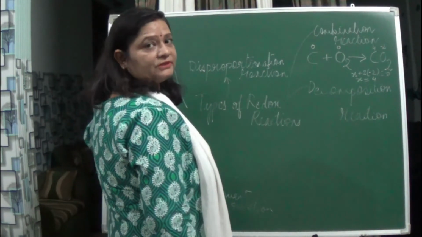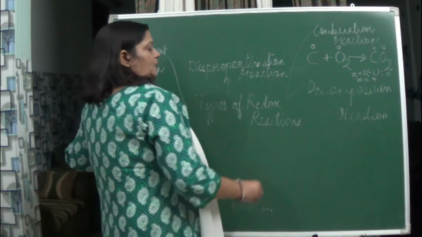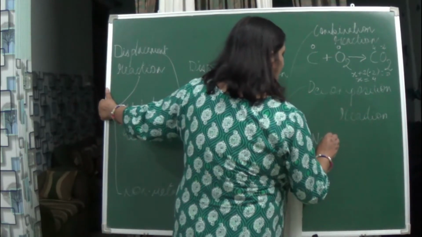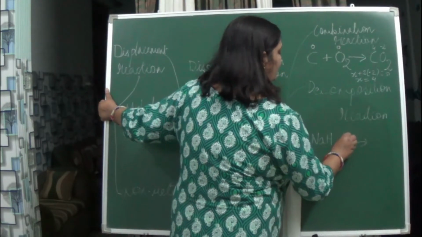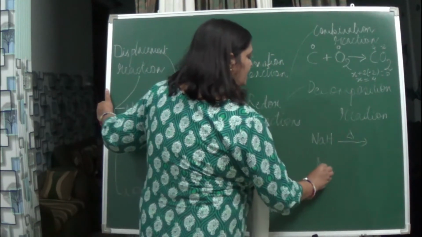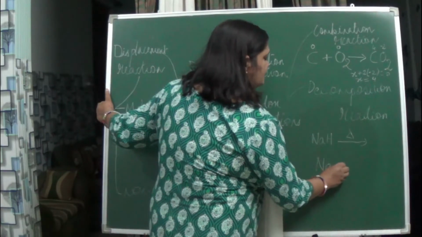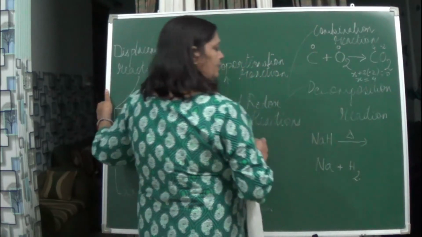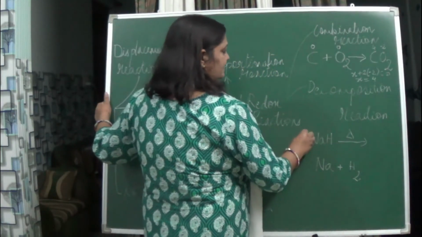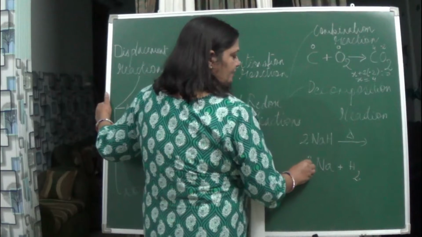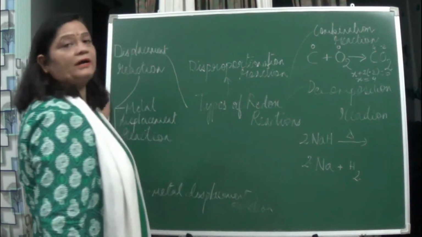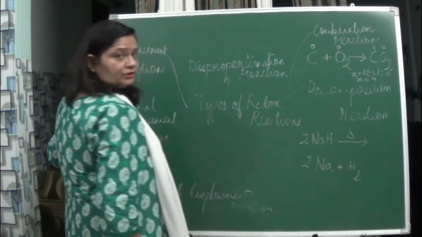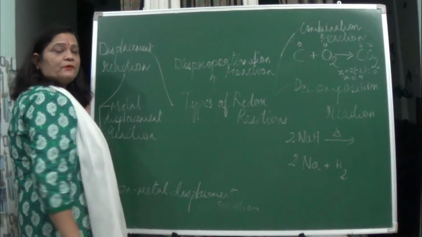Now coming to decomposition reaction. NaH, when you heat it, it will form Na plus H2. Now just balance it. This is an example of a decomposition reaction. Take out the oxidation numbers as I have taught you. Now coming to disproportionation reaction.